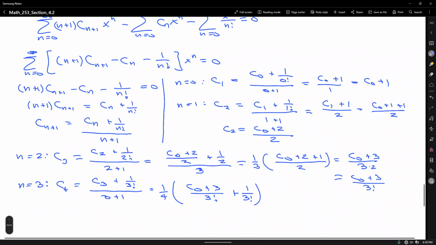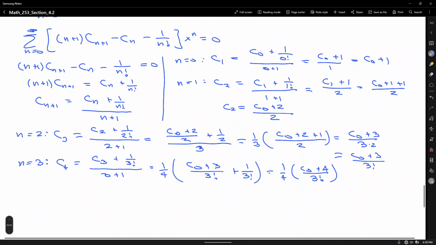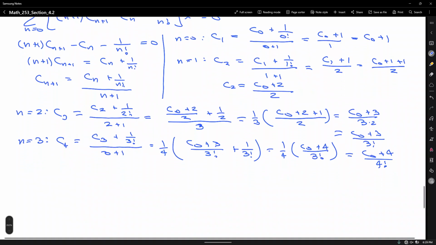Now, combining the two fractions because they have the same denominator, we get 1 over 4 times c sub 0 plus 3 plus 1, which is c sub 0 plus 4 over 3 factorial. But what is 4 times 3 factorial? Doesn't that comprise 4 factorial? So c sub 0 plus 4 over 4 factorial. I think we can already see a pattern at this point.